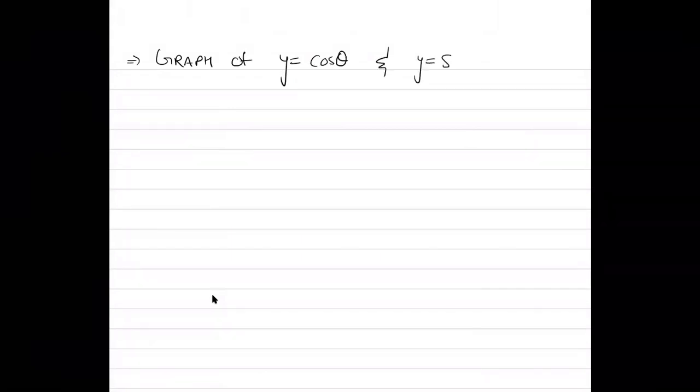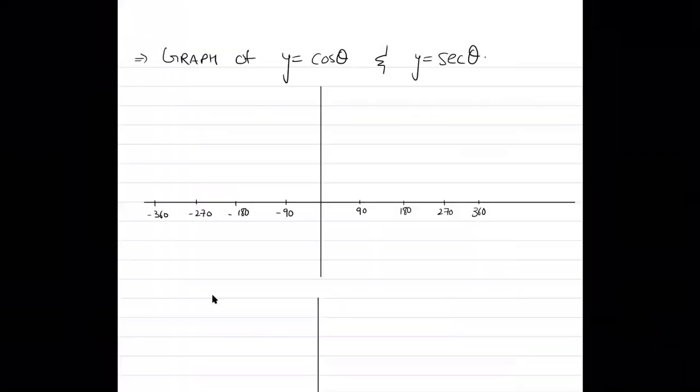Now, the next thing that we are going to see is the graph of y equals cos theta and its reciprocal function y equals sec theta. Let's recall how the graph of cos theta looks.